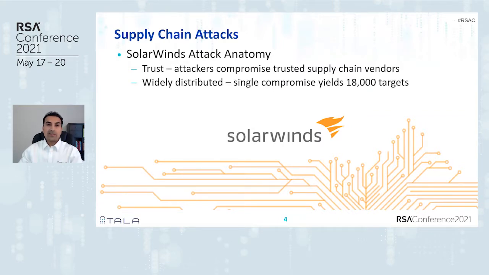It was widely adopted, and a single compromise led to over 18,000 breaches. And from an attacker's point of view, these types of attacks are especially attractive because they give the attackers remote control access to their end servers in a way. So this is how the SolarWinds hack went down.